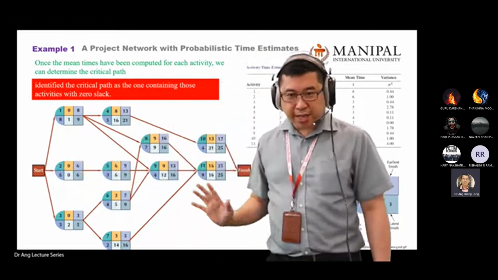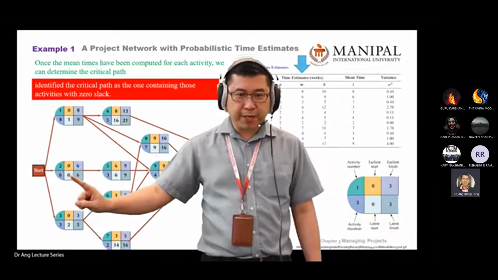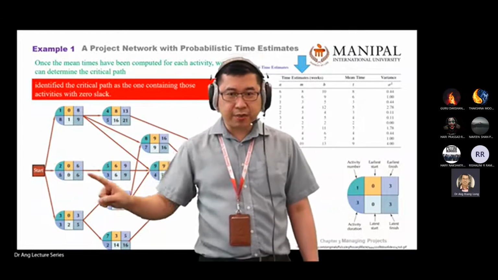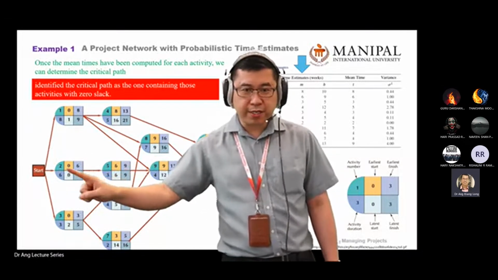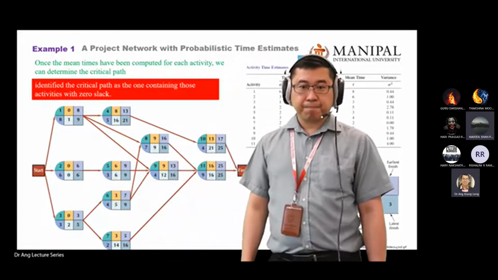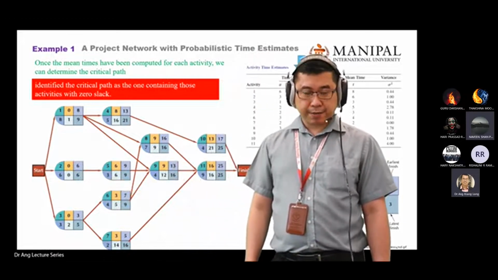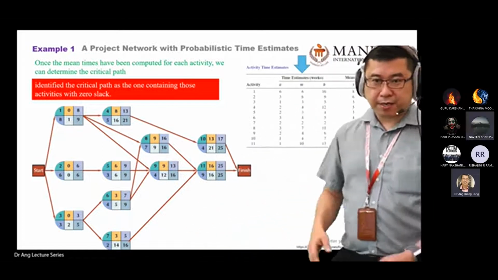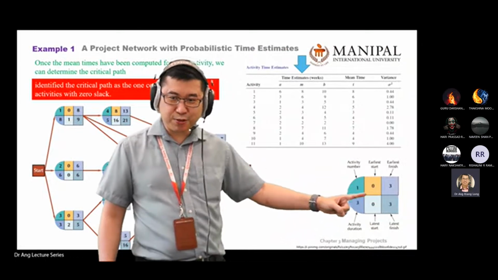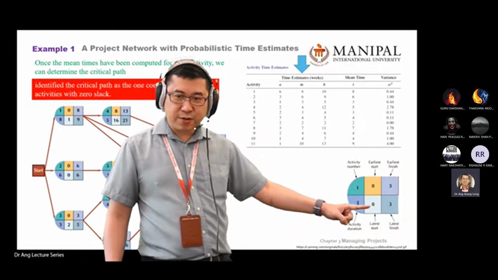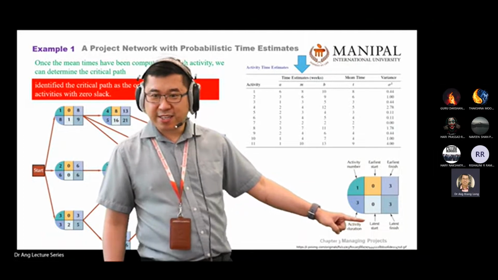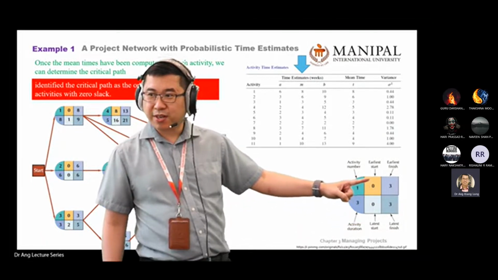From this table, you observe when below is the same as above, it becomes a critical activity. Same with this one. You mentioned just now, is it because the earliest start time equals the latest start time? Correct. So this one equal to this one means the latest start time will equal your earliest start time.